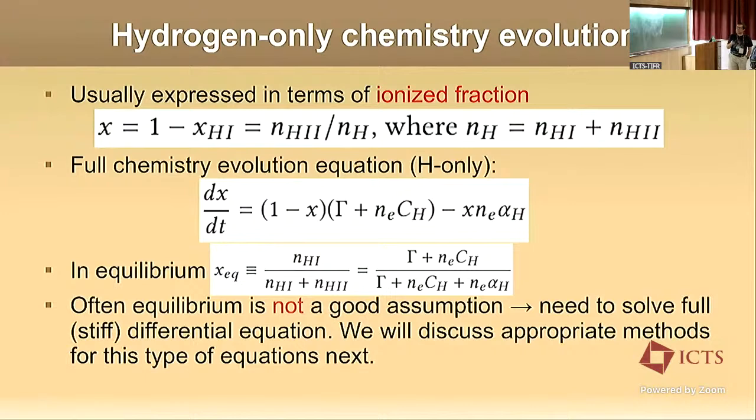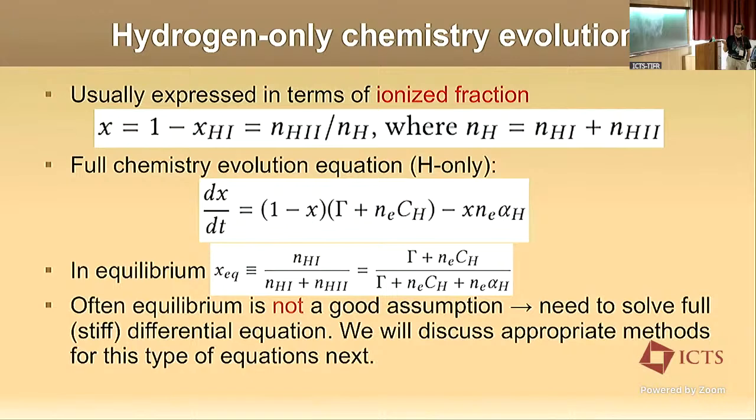However, equilibrium is not a good assumption very often. So instead, what you need to do is not solve this, but solve the full equation. And in principle, that equation doesn't look that hard, right? Except it is. So why is it hard? Well, first of all, it's not a linear equation. It looks linear because you're solving for x, and x is only here and here and here.